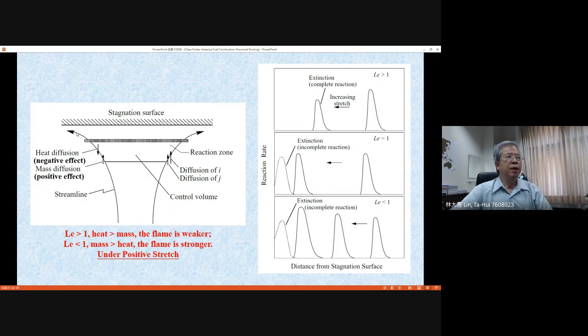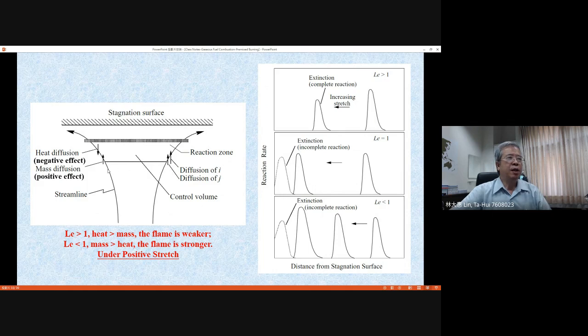Because all the mass is defined by a confined stream tube, you remember the stream tube does not allow mass flow crossing the stream line. They are confined because the velocity is tangent to the stream line. You do not have a normal velocity to let the flow inside your stream tube flow to the outer region.